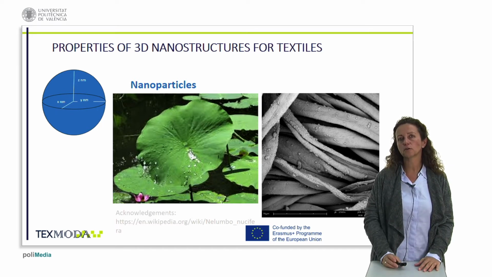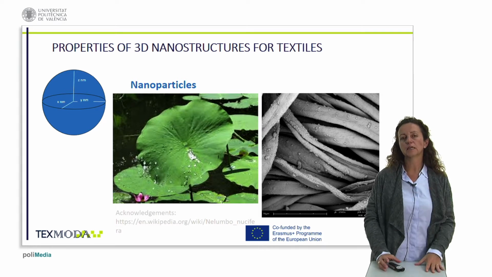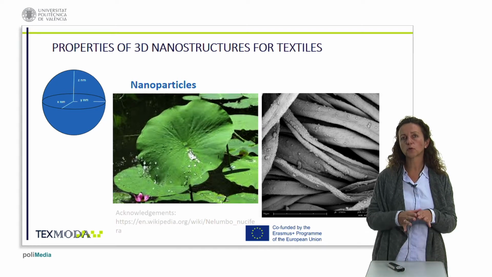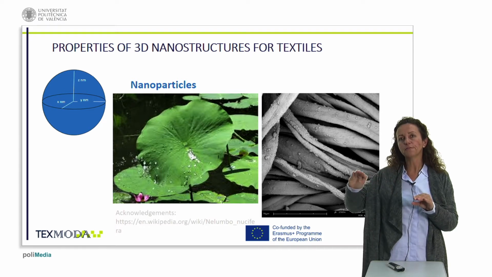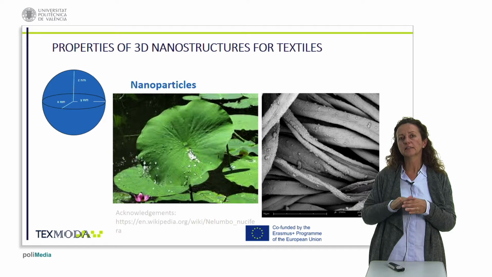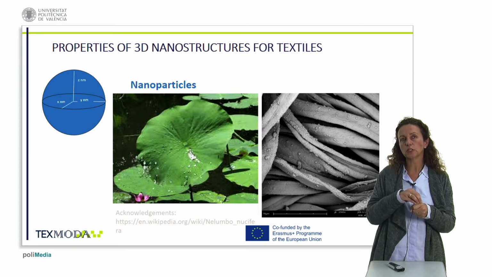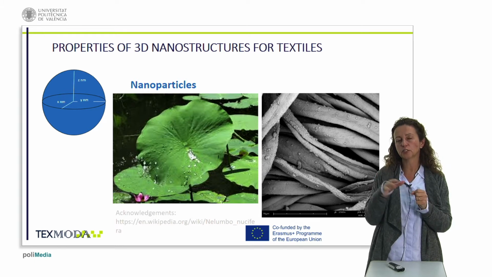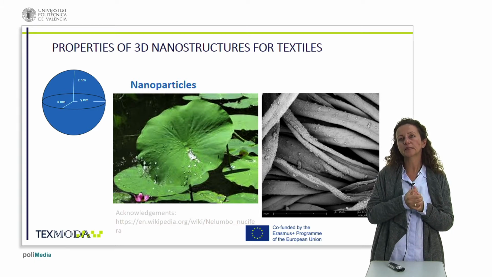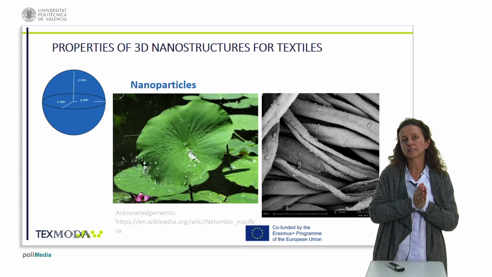These irregularities on the surface are nanometric, and this means that when one drop falls on the leaf, it has not enough surface to contact and so it is spilled out. The same happens when we treat a textile in that way.